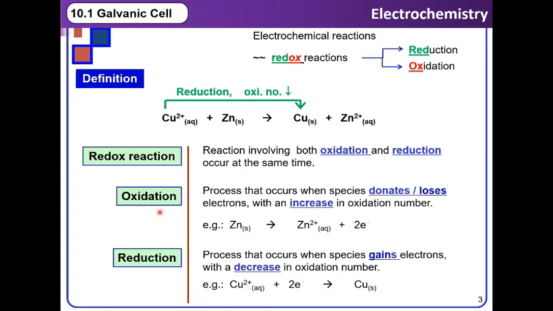So oxidation is the process that occurs when species donates or loses electrons with an increase in oxidation number, while reduction is the process that occurs when species gains electrons with decrease in oxidation number.